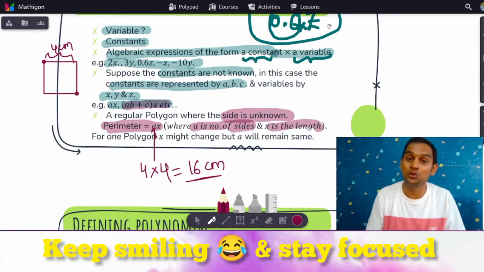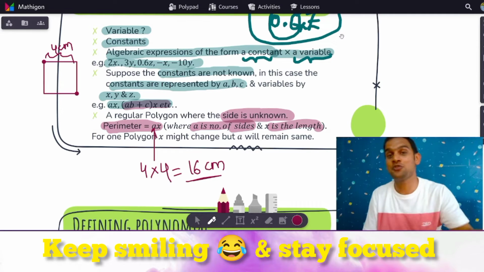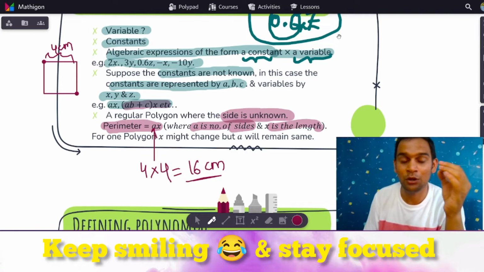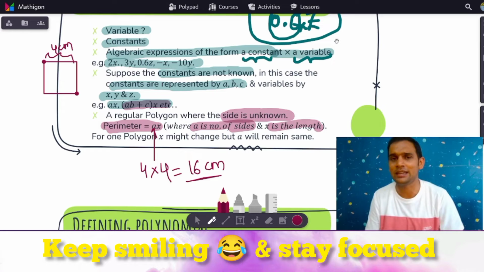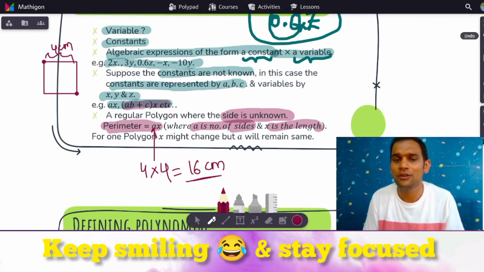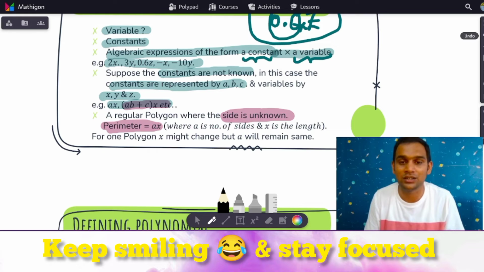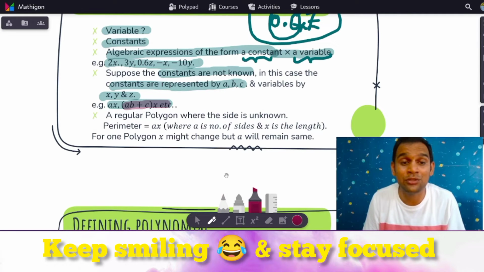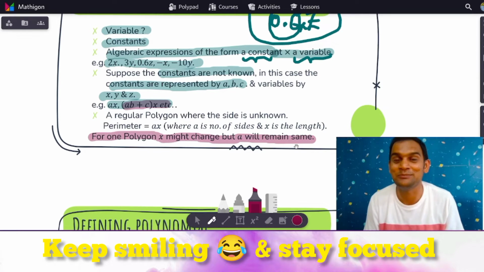Now, suppose you don't know how many sides that polygon has and you don't know the length either. That is when we use AX. Now you might be thinking, since both of them are unknown, why are we taking A as a constant and X as a variable? Very nice question. Let me explain. For one polygon, X might change, but A will remain the same.